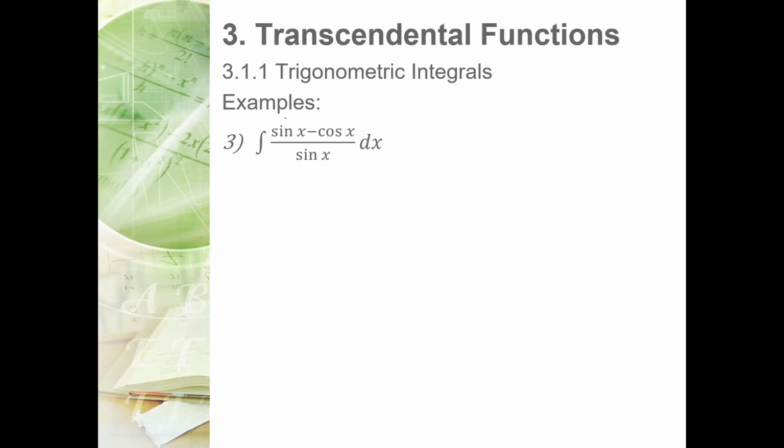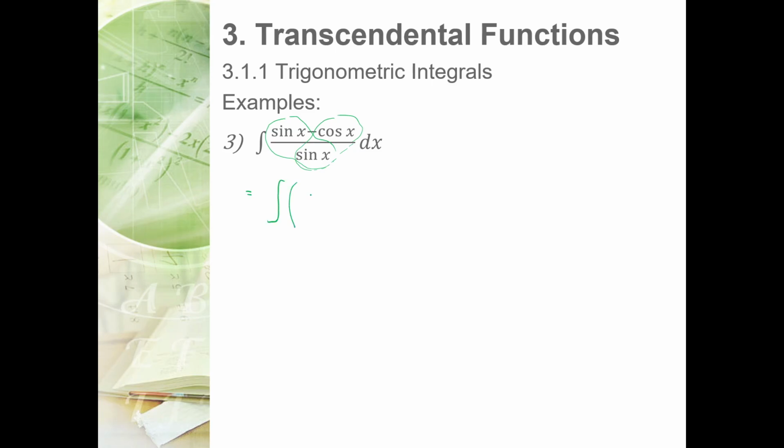So for example, in this case, you can say that I can divide this into two fractions, right? Before jumping into conclusions that I should do u sub, I need to simplify my expressions first. So I can divide this into two terms.